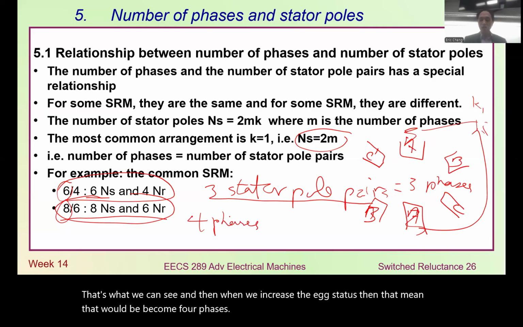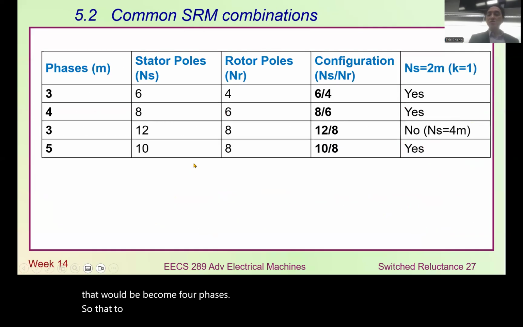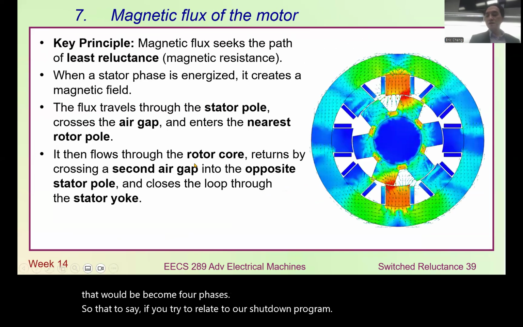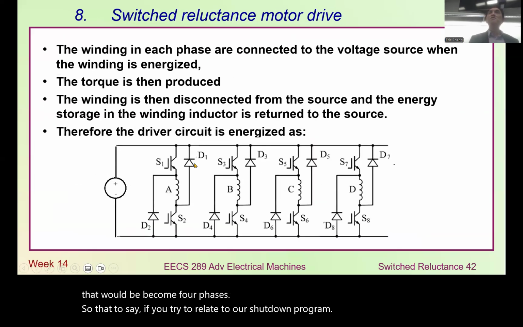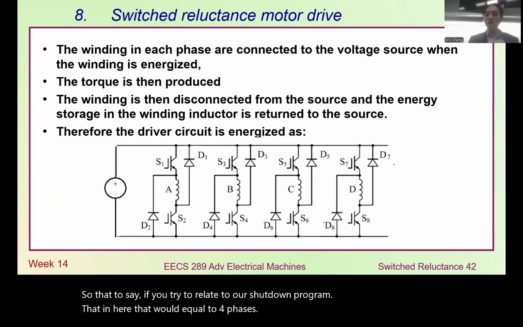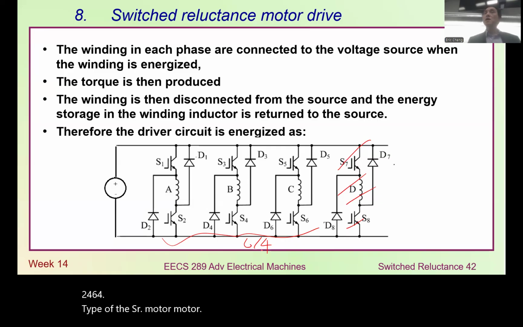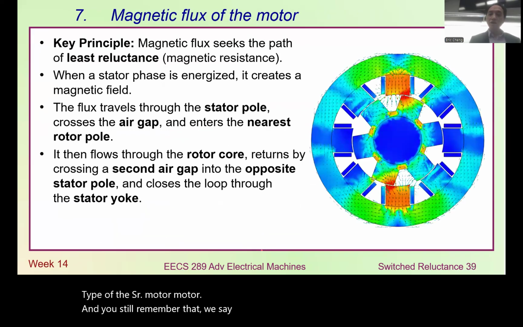So if we try to relate to our circuit diagram, like in here, that will equal four phases. If we ignore this part, then that can be for the 6-4 type of SR motor. And you do remember that we said 6-4. Let's go back to that page.